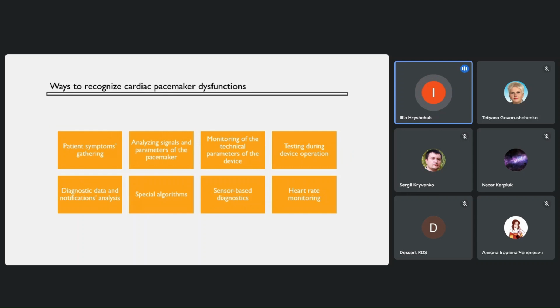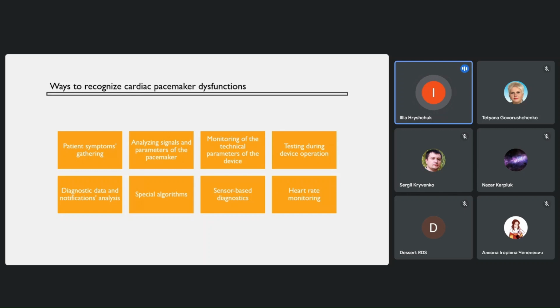Some of the ways to recognize cardiac pacemaker dysfunctions are listed on this slide. You can see here patient symptoms gathering. It means that if a pacemaker suddenly starts to signalize very suspicious symptoms, it can be marked as a dysfunction. Another one is monitoring of the technical parameters of this device, like, for example, the battery power, signal quality, electrodes, and so on.